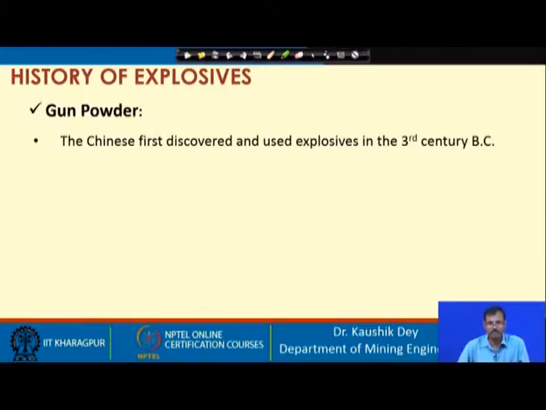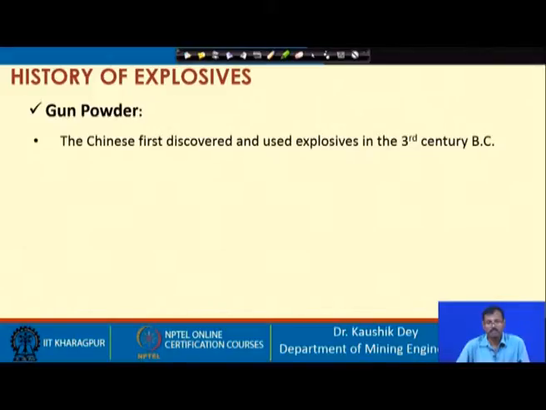It burns instantaneously, releasing heat energy and shock energy, which create sound and light, and we enjoy that. And if you look into history, this is the first explosive which was discovered, in the 3rd century before Christ, by the Chinese people.